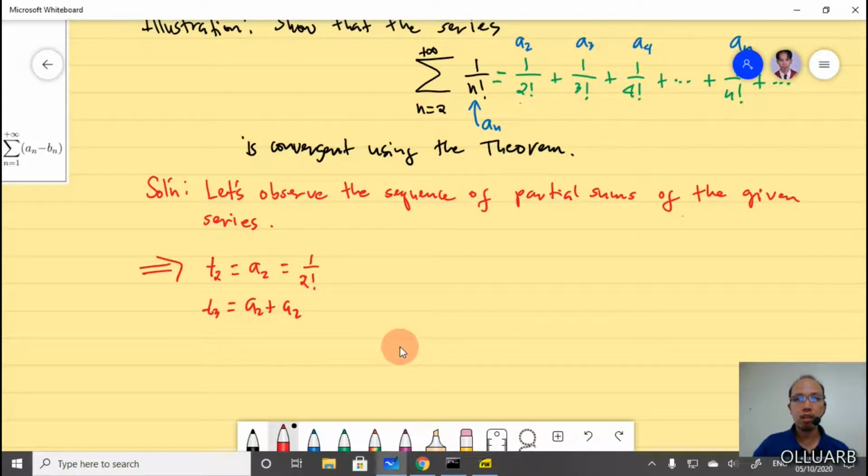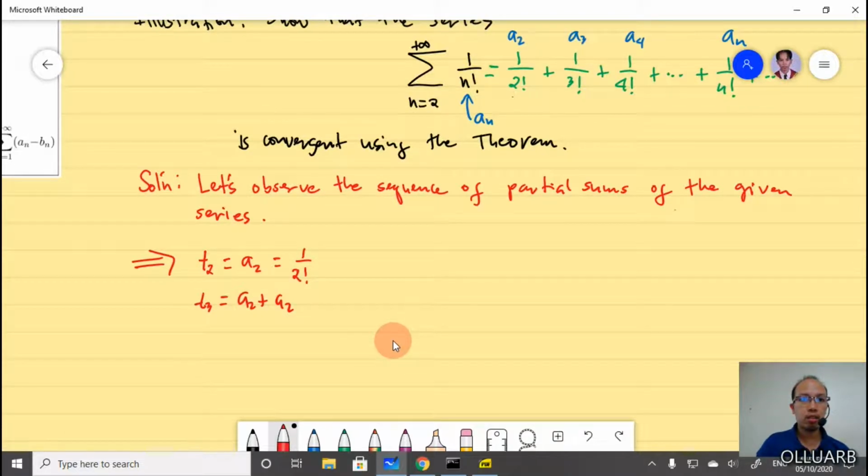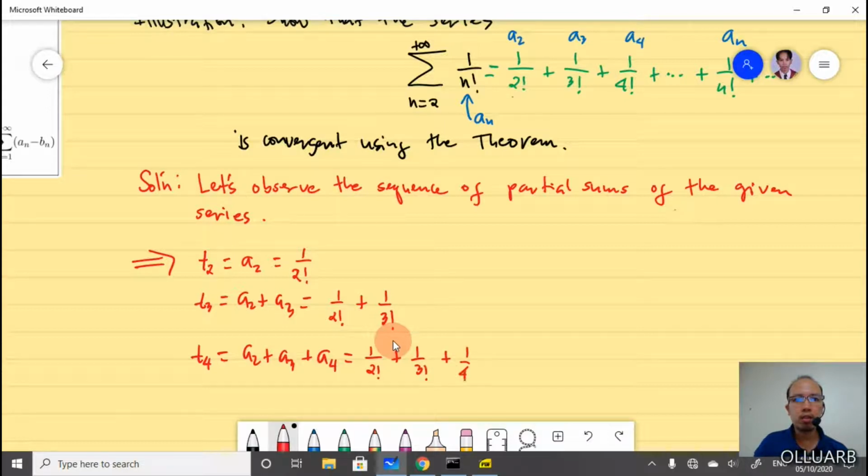We use only the notation so as not to confuse. t3 is 1 over 2 factorial plus 1 over 3 factorial. t4 is a2 plus a3 plus a4, 1 over 2 factorial plus 1 over 3 factorial plus 1 over 4 factorial.